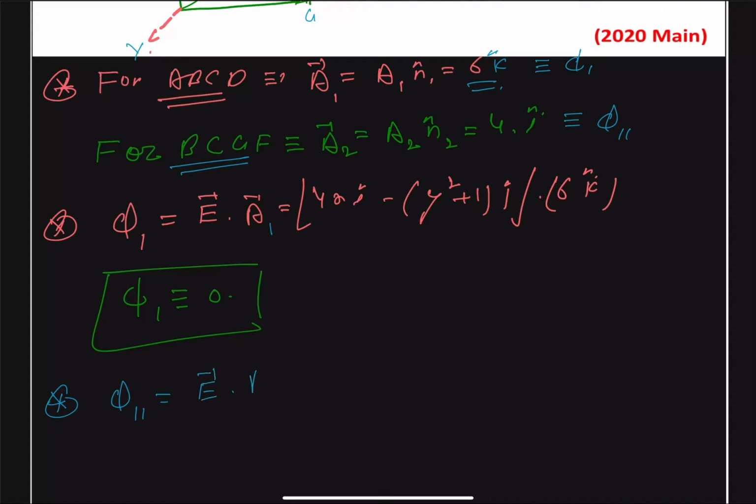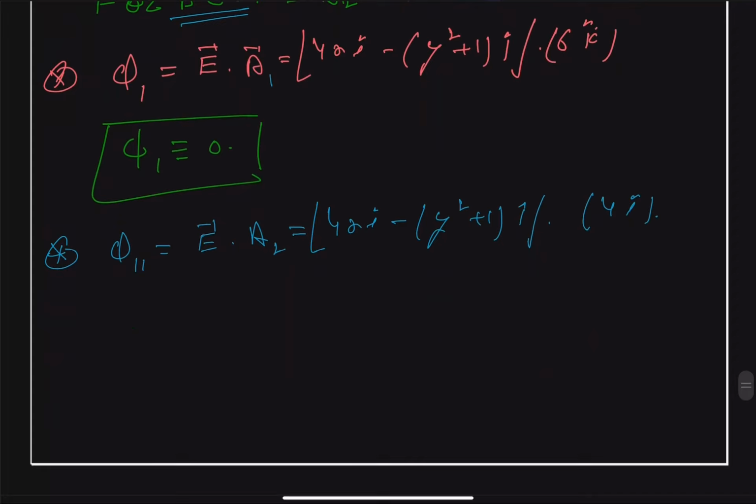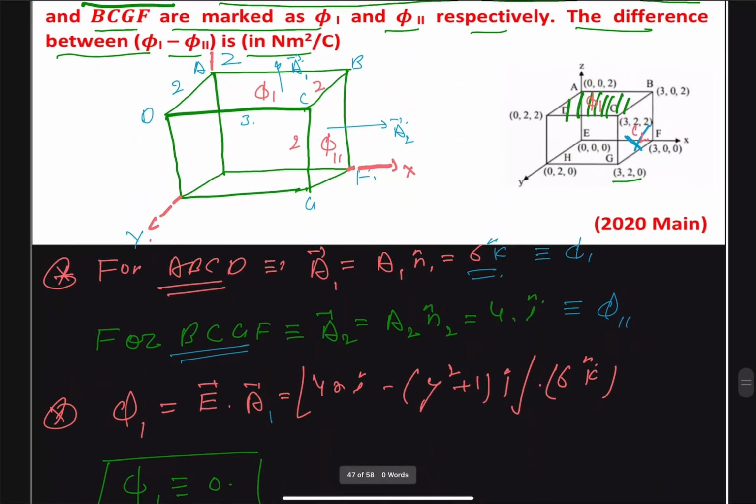Once again, 4x i plus (y square plus 1) j unit vector, dot our 6 times i unit vector. So phi for the second surface is 16 times x, and this face is at a distance of 3.